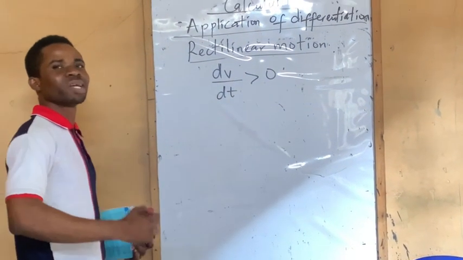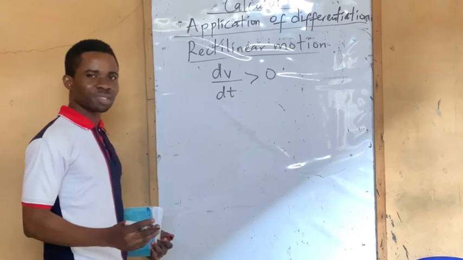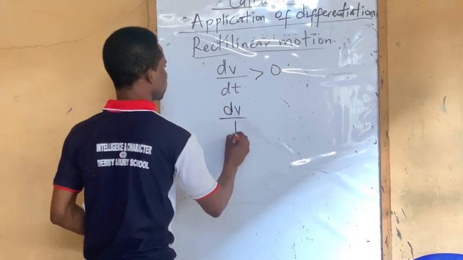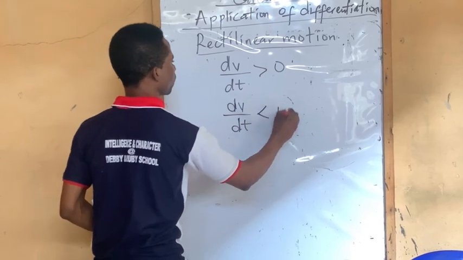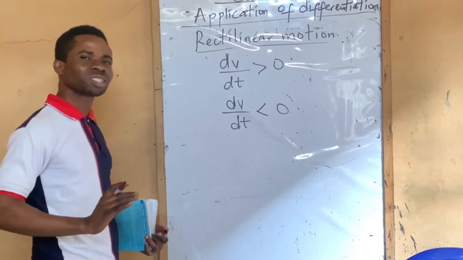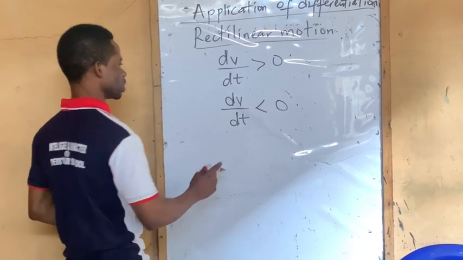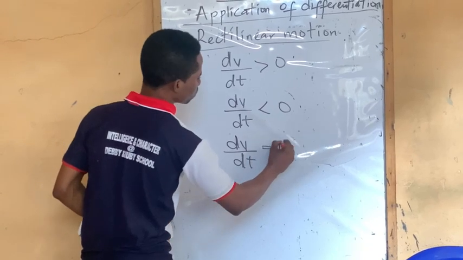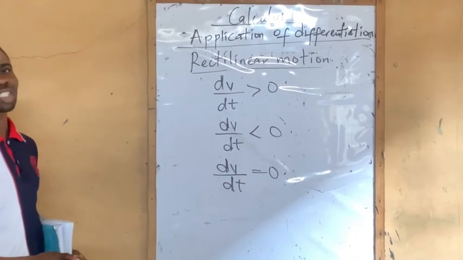But if it is decelerating, that means dv/dt is less than 0. But if it's moving with constant speed, that means dv/dt is equal to 0.